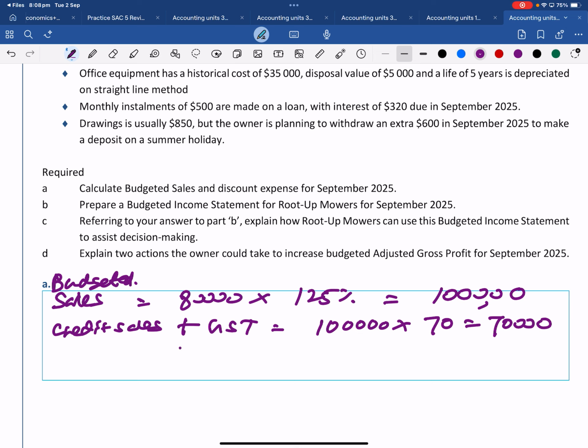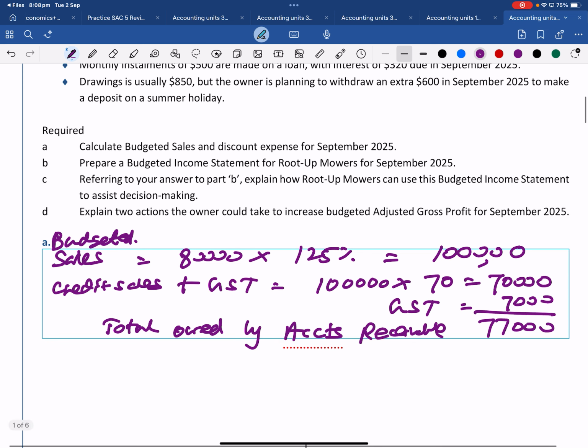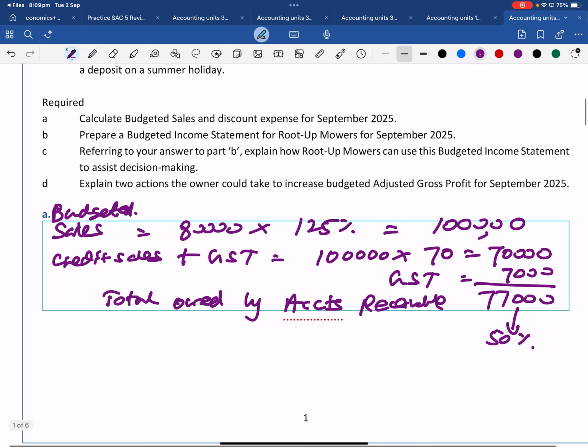Then you add GST, which is 7,000. So total owed by accounts receivable is 77,000. From this, 50% they are paying in the period itself to get the discount, which is 38,500.